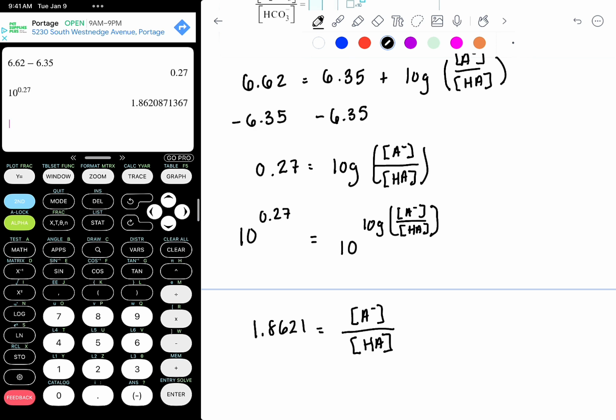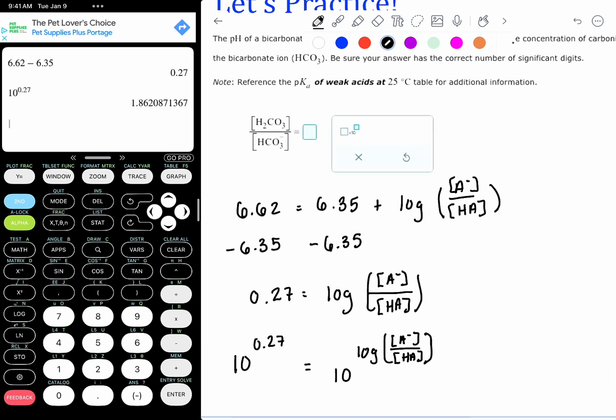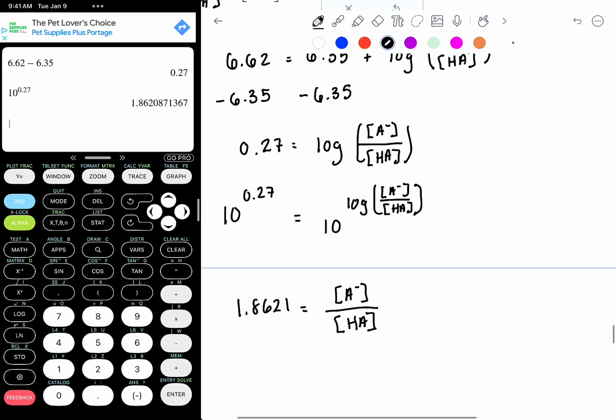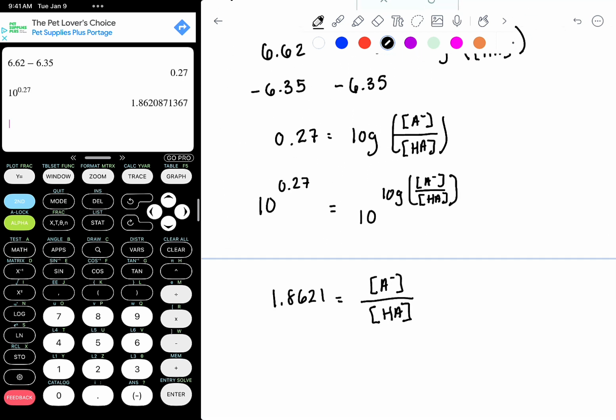Now if we look at this problem, it actually wants the acid on top and the conjugate base on the bottom. So it wants the HA concentration on the top and the A minus concentration on the bottom. So what we have to do is now invert this.